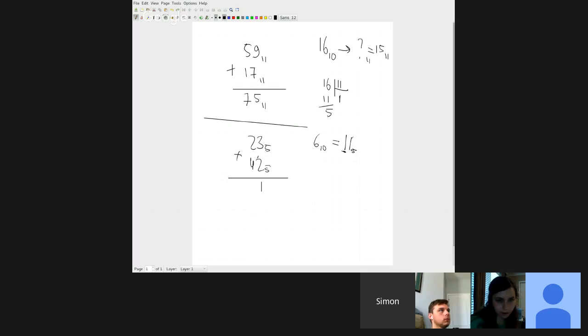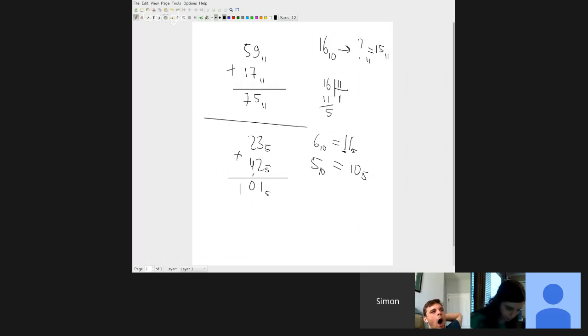I cannot use 5 because 5 decimal is no longer a single digit number. It is 10 in base 5. So it will be 0, 1. So in other words, 23 base 5 multiplied by 2 base 5 will be 101 base 5.